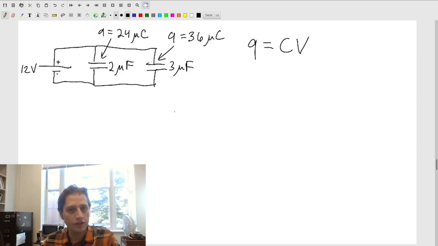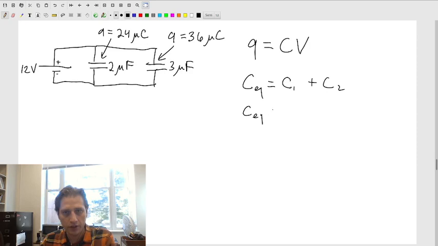Now, if you wanted to find out what the total charge on this equivalent capacitor would be, you could just add those two up. Equivalently, we could just use our equation. So our C equivalent is that we're just going to have to add our C1 plus C2. And so our C equivalent in this case would just be 2 plus 3 is 5. So it'd be 5 microfarads.